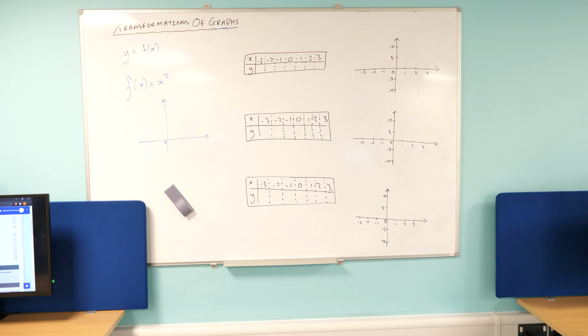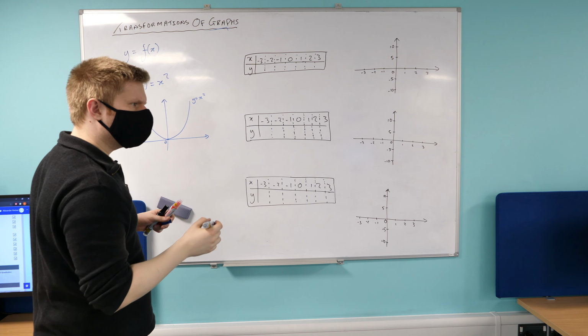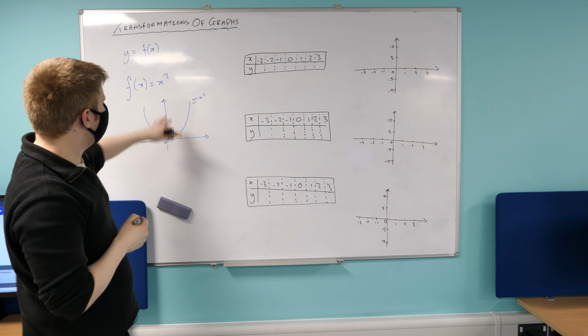I think you're thinking of linear graphs. If I had something like y equals 2x, that would be a linear graph where the gradient is 2. In this case, the x squared graph is a parabola. It would look like this. That's the graph y equals x squared. Does that make sense? Yeah, so it's no longer a linear graph, it's a parabola instead. All right, good, fantastic.